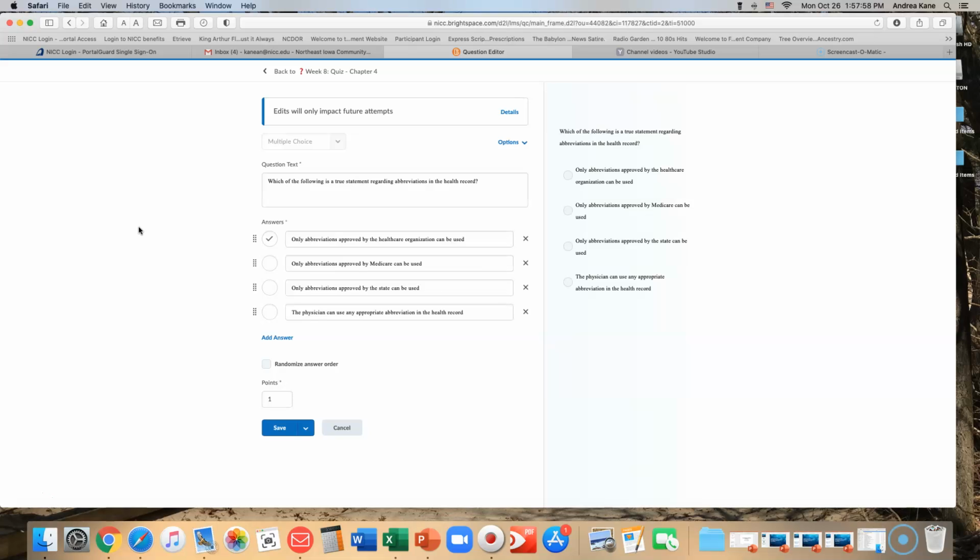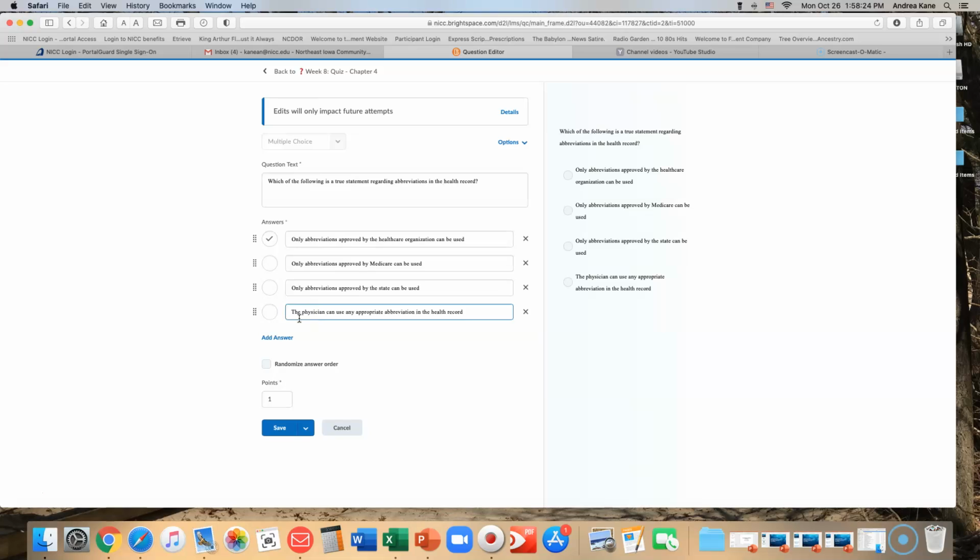All right, page 102. Look at the fourth red dot on the left. Only abbreviations and symbols approved by the organization and medical staff rules and regulations should be used in the medical record. So let's go through the answers.